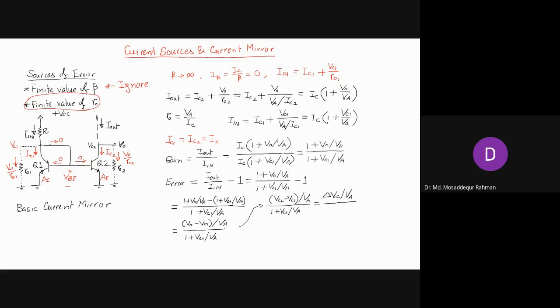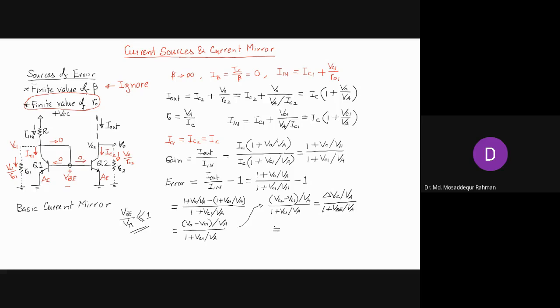VC1 is VBE, see, it's the same point, the base voltage here. VC1 is VBE, so you can write 1 plus VBE by VA. Now VA is large, usually 50 to 100 volt, whereas VBE is less than 1 volt, right? So VBE by VA will be much smaller than 1 in most cases, and you can ignore this part.